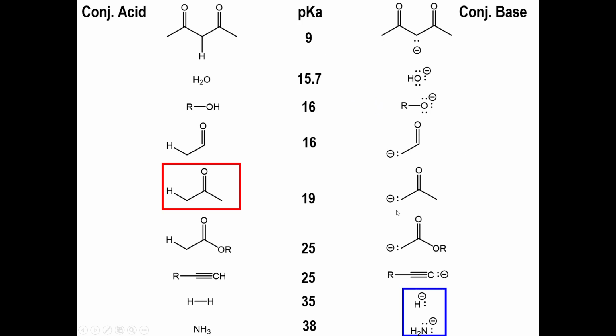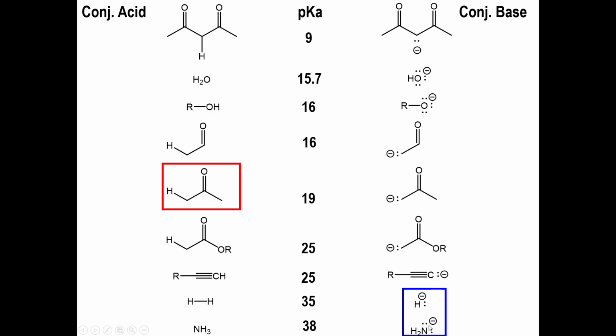And the reason for that is because when you look at the pKa tables, the pKa of your ketone is 19, but the pKa of the conjugate acid of amide is 38. So the deprotonated amine or amide is more than enough strong base to fully remove the alpha hydrogen of a ketone.